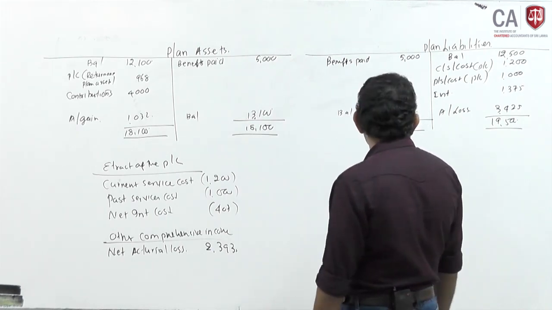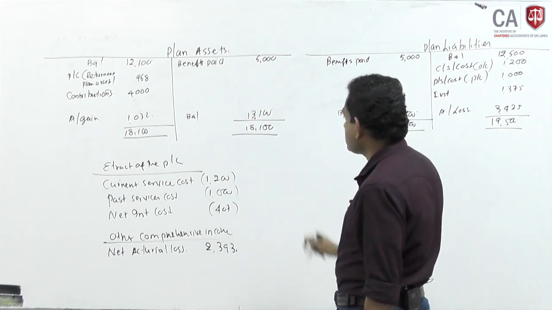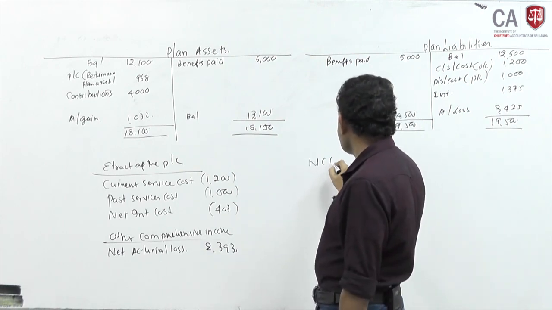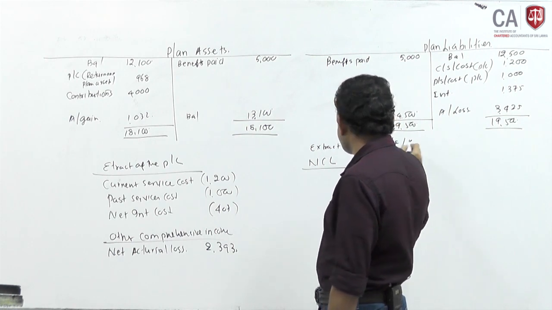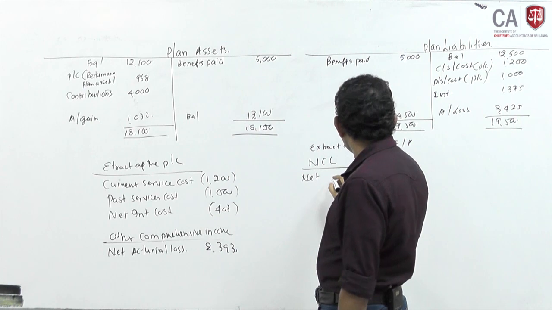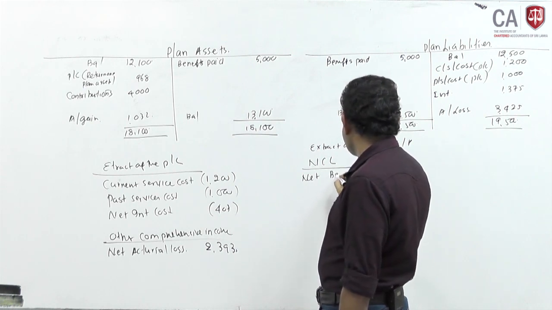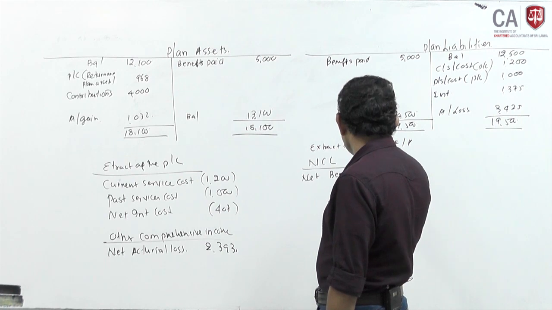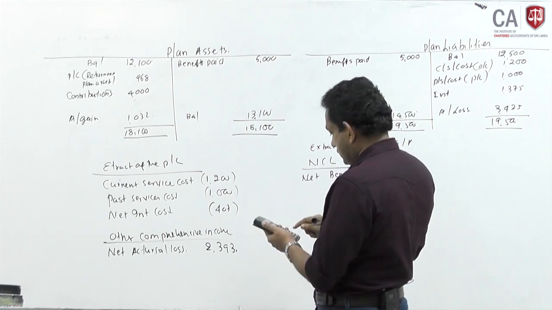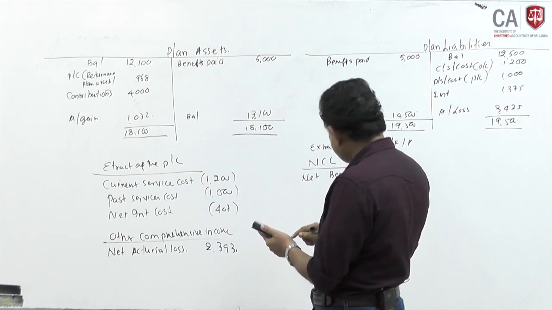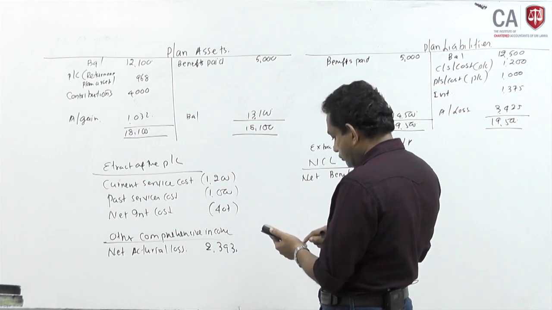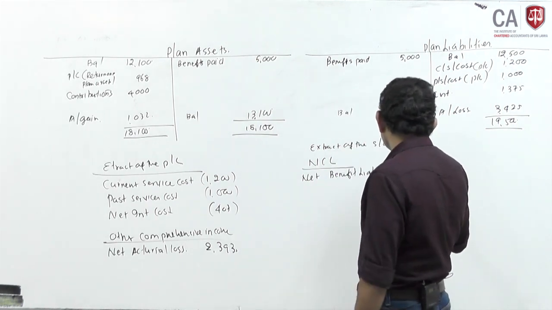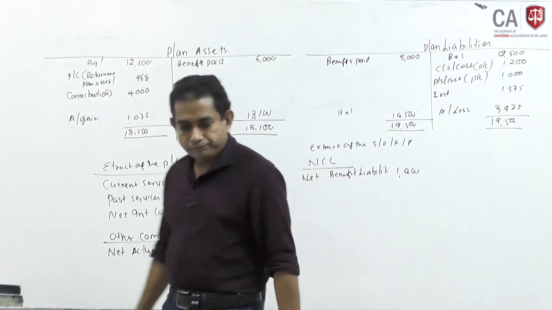What is the closing balance? 14,500 minus 13,100. Non-current liabilities, extract of the statement of financial position, net benefit liability: 14,500 minus 13,100, it is 1,400.